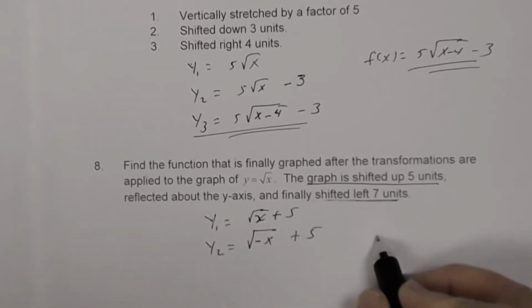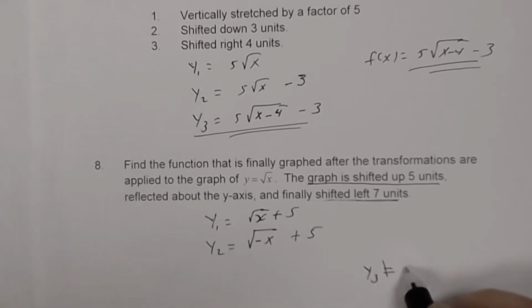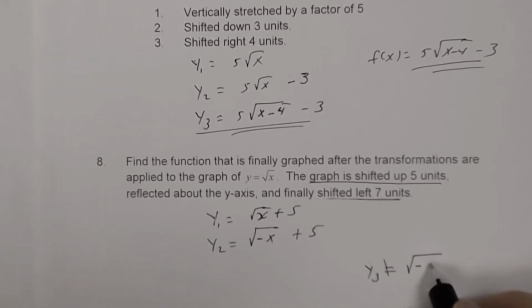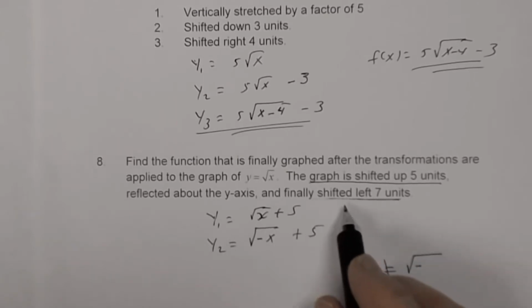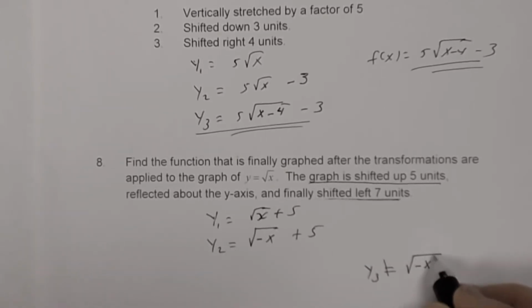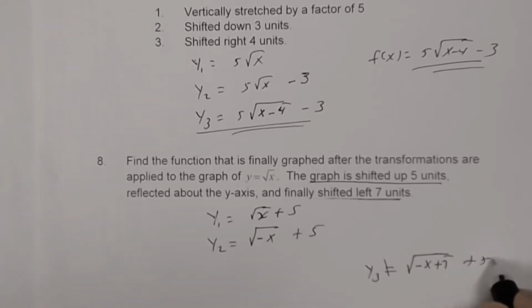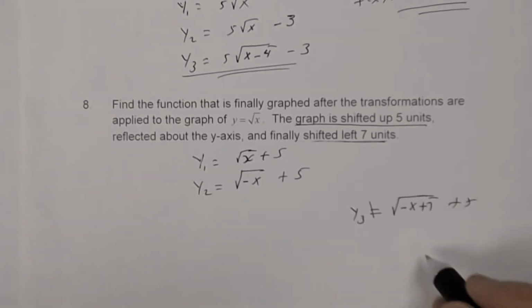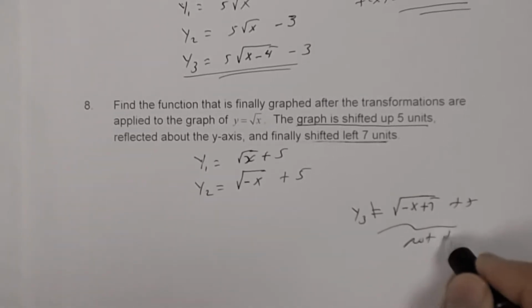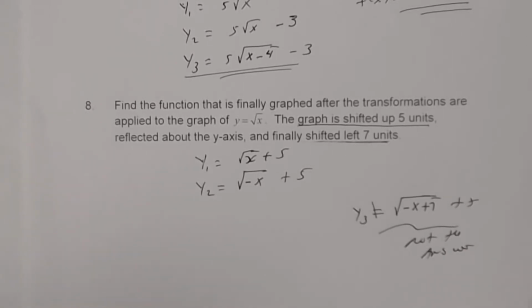So y3 is not this, and that's where students are going to mess up. They're going to think, okay, the next thing I'm going to do is shift it to the left 7 units, and they're going to write square root of negative x plus 7, and then plus 5. They can say that's the answer. It is not. That is not the answer.